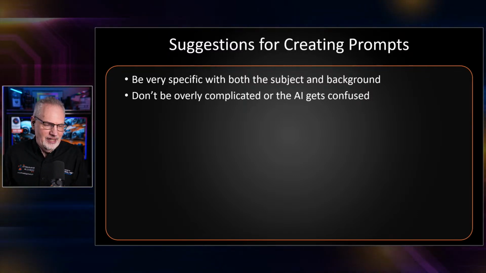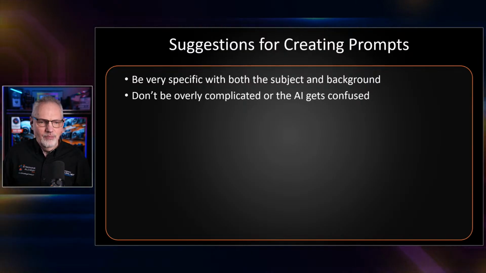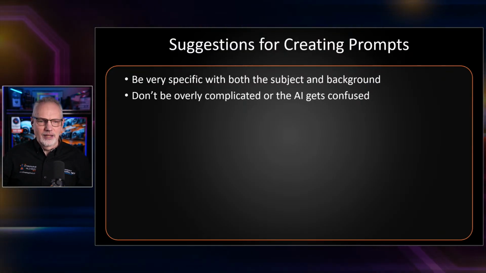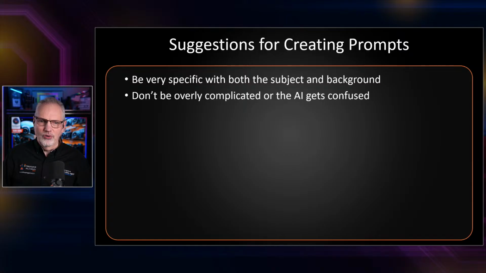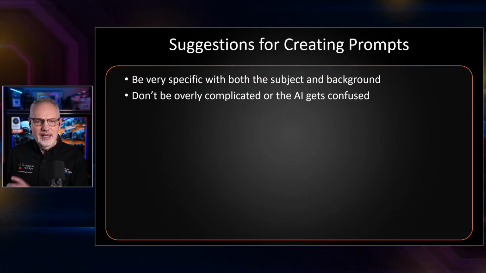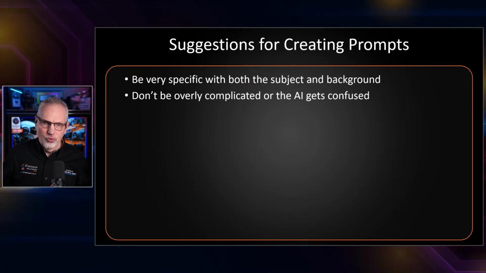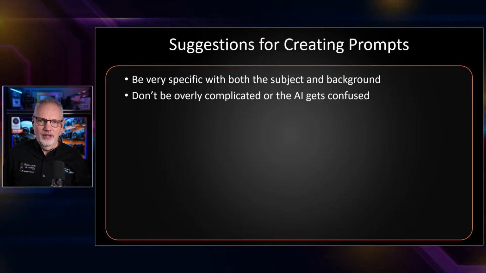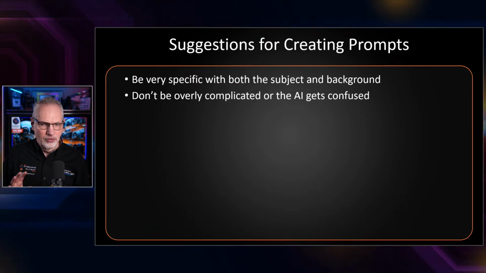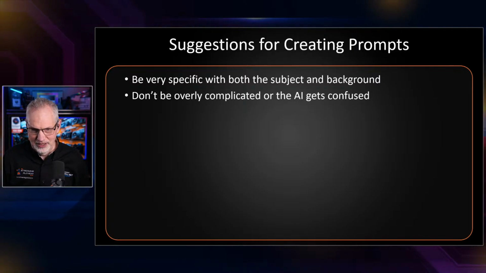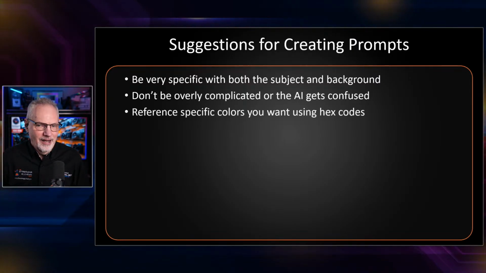If you say, I want certain lighting, but then you say, I like these colors, and those colors don't go with the lighting, you can end up getting things where it ignores you completely or ignores some of them, and it could be very frustrating. So keep complexity down to a minimum.